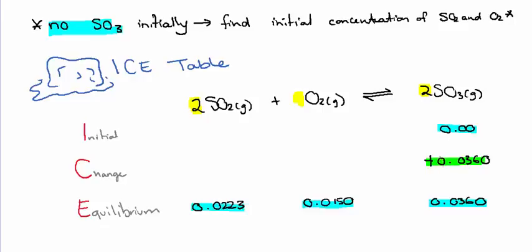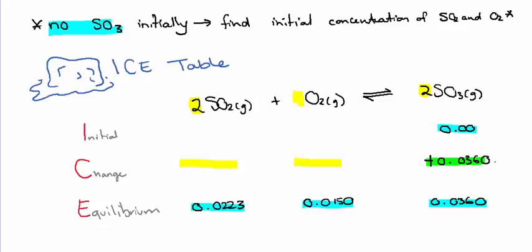Now this is where our mole ratio comes in. We can use the mole ratios from the equation up here to calculate, well, if this many moles of sulfur trioxide have been produced, how many moles of our reactants must have been used. If we have a look at the ratio between sulfur dioxide and sulfur trioxide, we can see that it is a 1-to-1 ratio.